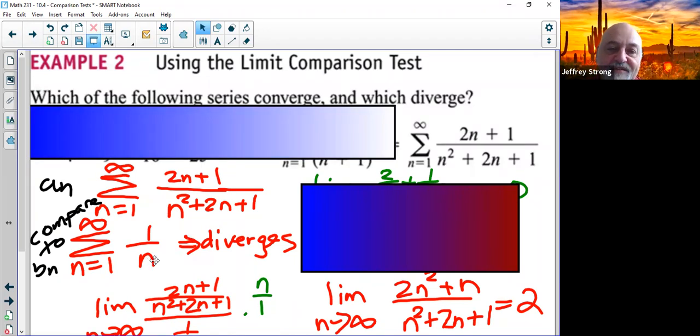So I know that diverges. Now, why did I pick that one? Because the exponent is bigger in the denominator, I'm thinking this whole thing is going to go like constant over infinity. You're just using your best guess.